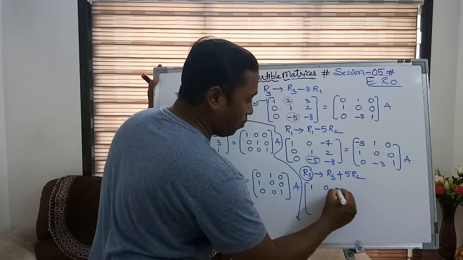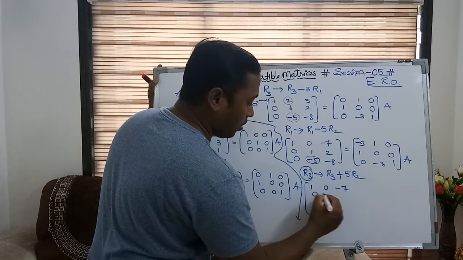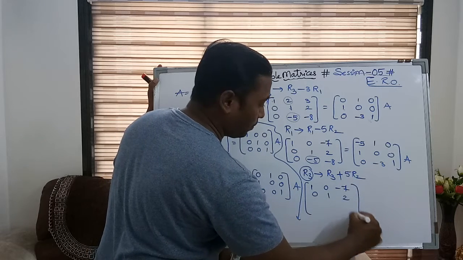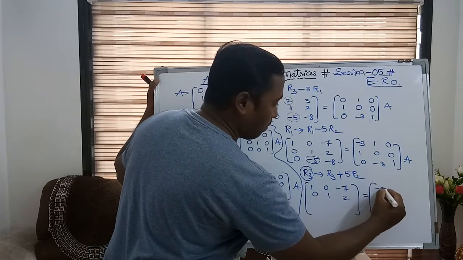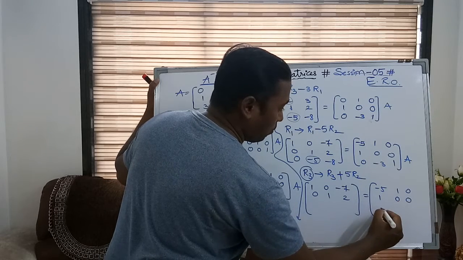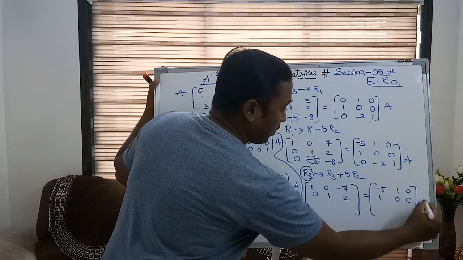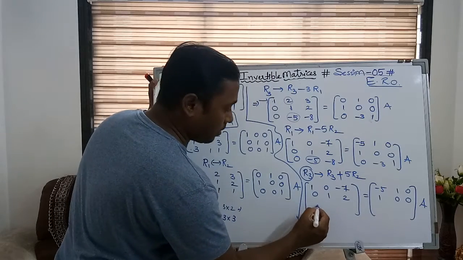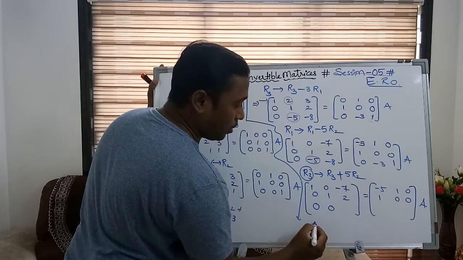So 1 0 minus 7, 0 1 2, minus 5 1 0, and 1 0 0, into A. So ultimately it will be 0.